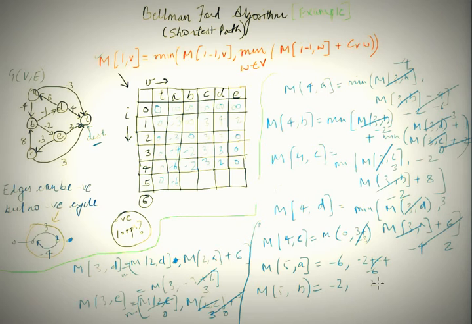M4D is 2 plus the distance BD, which is minus 1, or M4E, which is 0, plus the distance BE, which is minus 2. So this is minus 2, so the minimum remains minus 2. And you can see these values are getting saturated. They're converging. So that's good. That's a way for you to know that your algorithm is converging.